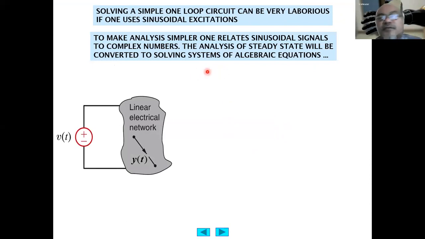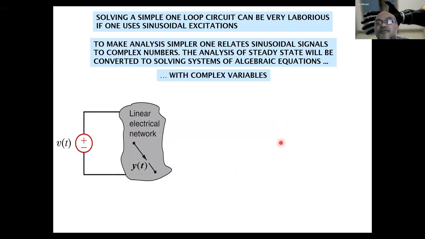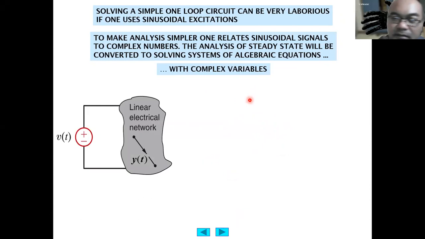Solving a simple one-loop circuit can be very laborious if one uses sinusoidal excitation. If we use sinusoidal excitation like presented earlier, it's not that simple. We have to solve for each cosine term, and we have to use all these trigonometric identities. To make analysis simpler, one relates the sinusoidal signal to a complex number.